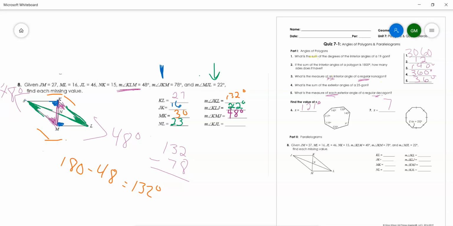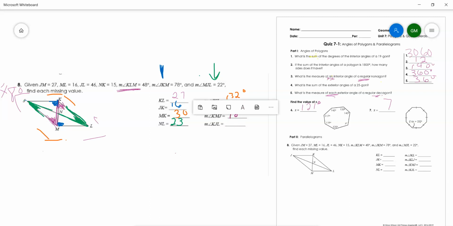All right. 48 degrees. Let's go ahead and erase some of this. I didn't mean to write 48. That should have been 54. Sorry about that, guys. 54. This was still 48.